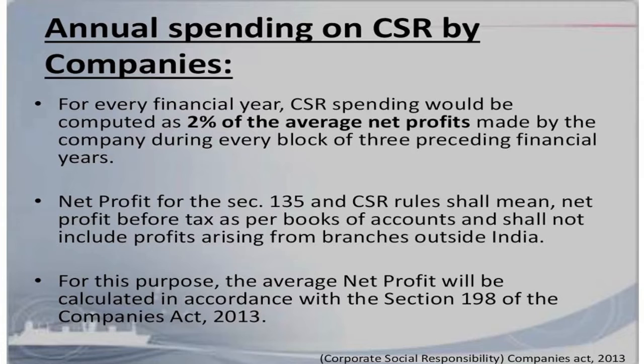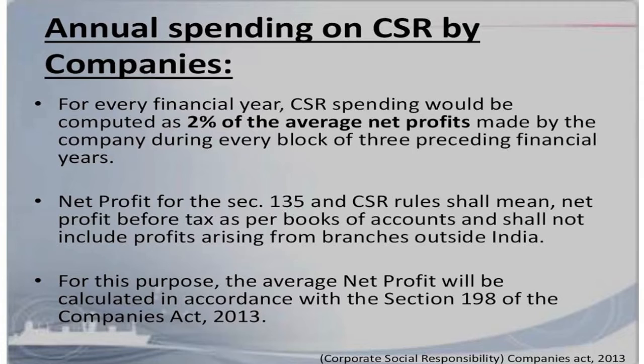So if this is 2022 itself, the financial year ending is 22 March, 21 March, 20 March, 3 years. The average profit of those years will be taken into account, and 2% of that amount will be allotted for spending on CSR projects or programs. So average profit of 3 preceding years.